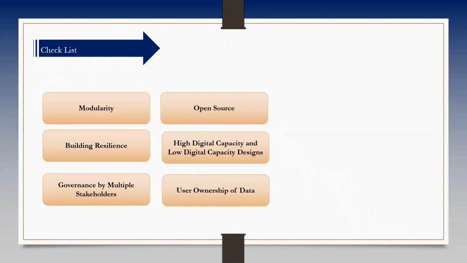High digital capacity and low digital capacity designs: digital infrastructure varies from country to country. Coalitions and innovators need to ensure that the solution is fully modular and adaptable to different contexts so that it can be extended to jurisdictions with lower levels of technical competence.